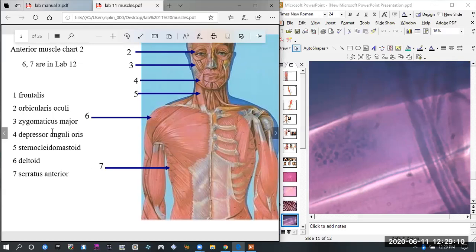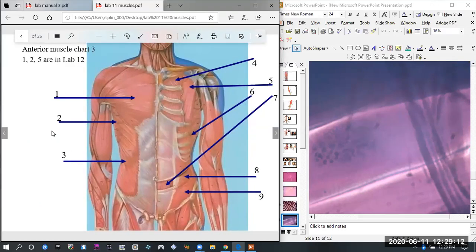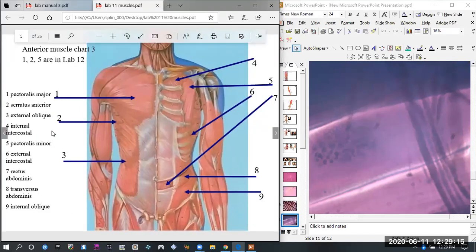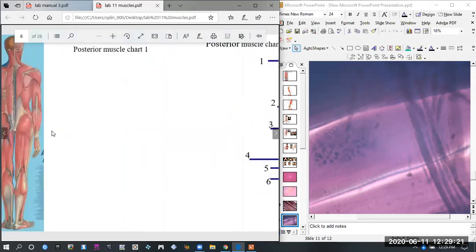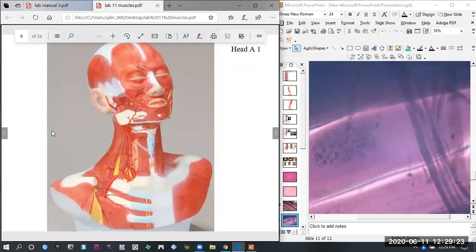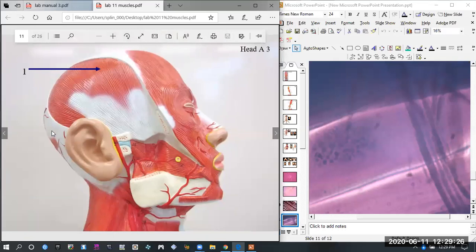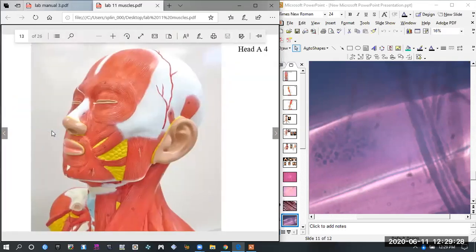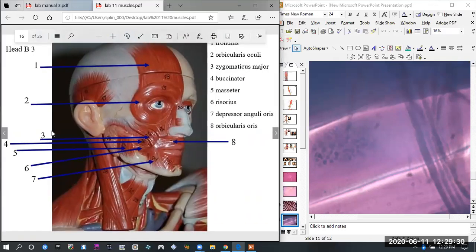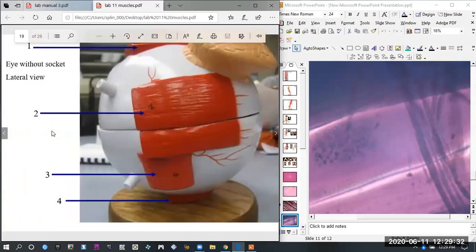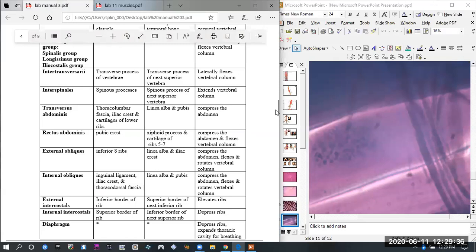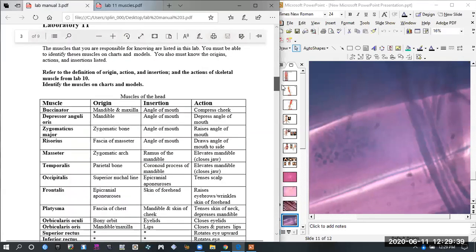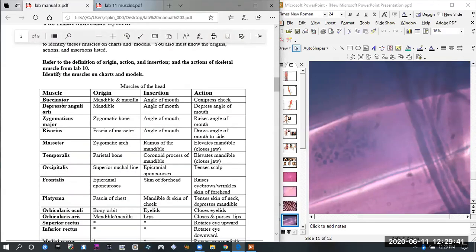So it'll alternate between where you could test yourself and then check the answers here. So as you're learning these muscles. And we have views of the head models and the eye models as well. So the first priority is learning the name and location of the muscle.